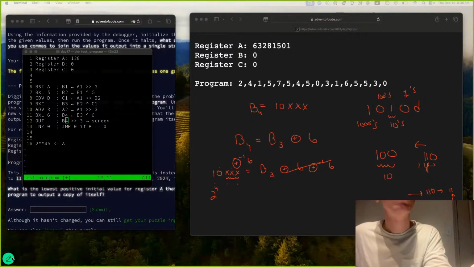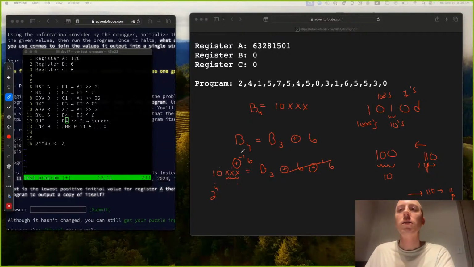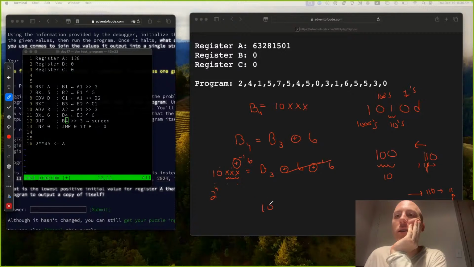So basically we would just take this thing and XOR it with 6. Doing out the equation.